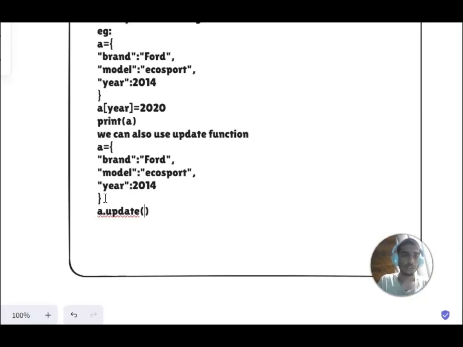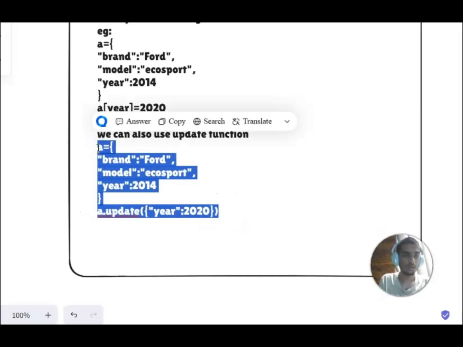But in the update function, we should use the key value pair again. If we want to change the year to 2020, now let's run this code in VS Code.